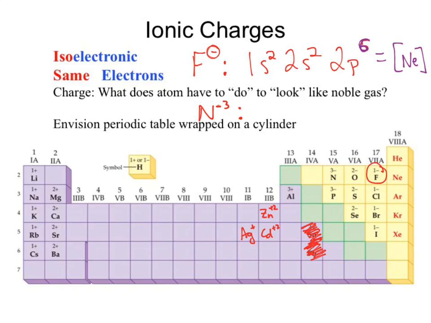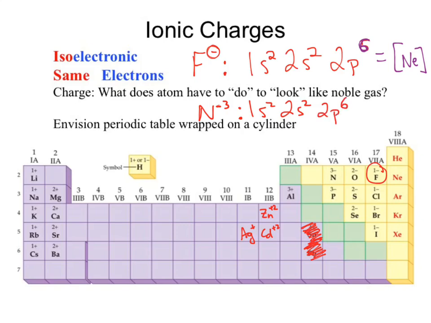Okay. Let's take a look at this ion, N-3, also known as nitride. Why did you say "ide" and not "gen"? It's the ion. Okay, this goes back to our nomenclature rules. Because it's an ion, it's nitride. Electron configuration. 1s2, 2s2, 2p.